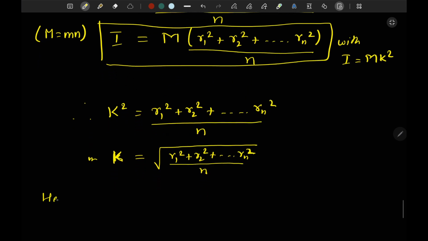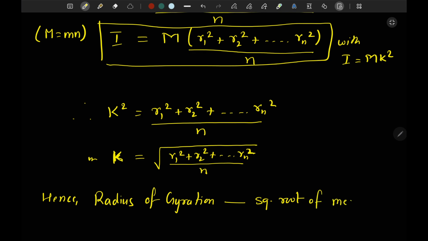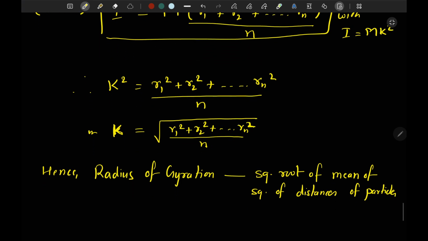Hence, radius of gyration k of any body is equal to square root of mean of square of the distances of particles from axis of rotation.